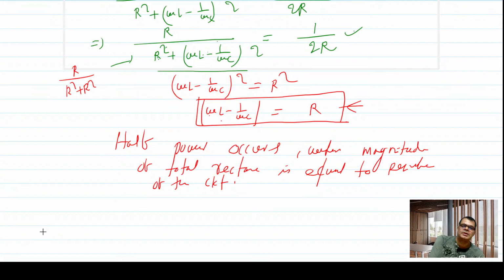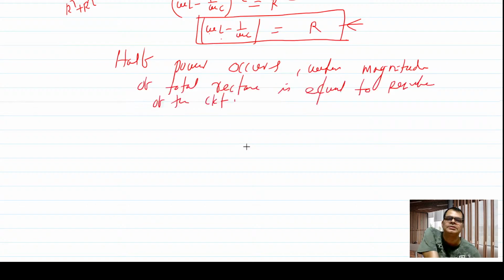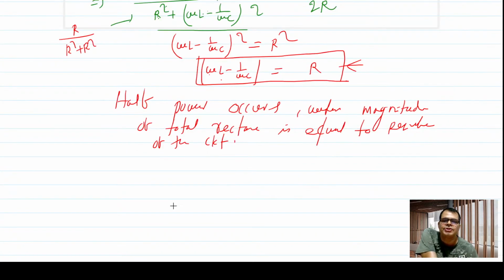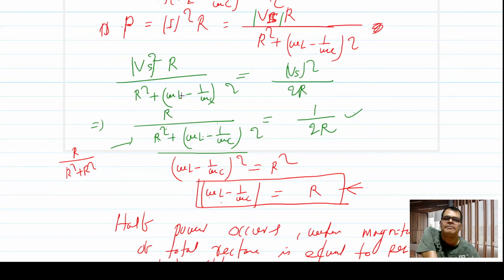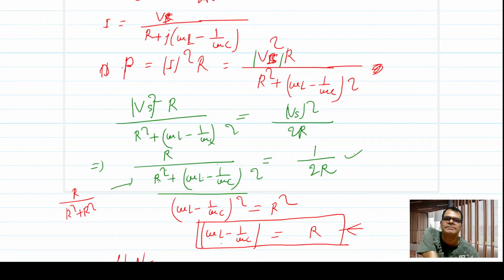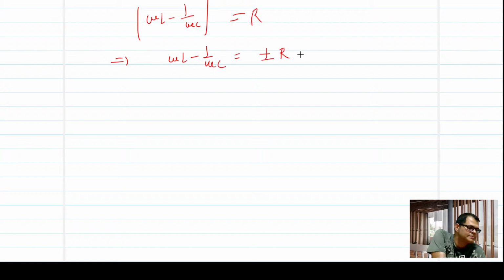So now the question is, find that frequency. Very simple. If this magnitude is equal to R, that's why you study mathematics, linear algebra, complex algebra. Okay. From this equation you can write the magnitude of omega L minus 1 upon omega C is equal to R. What does it indicate? Omega L minus 1 upon omega C equals plus minus R. Simple. Right?